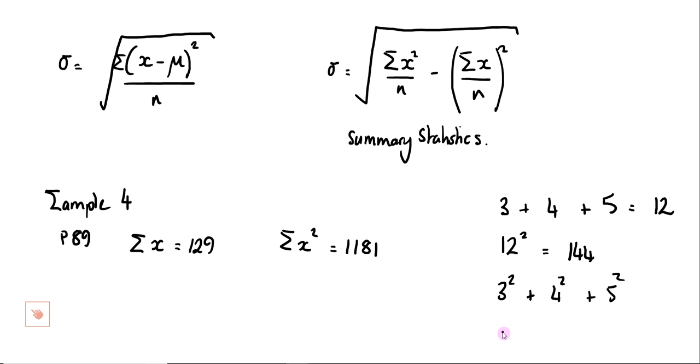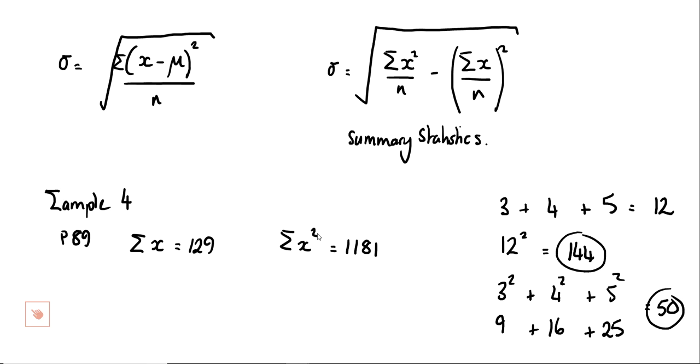What do I get? So 9 plus 16 plus 25. What did you get? 50. So the answer is not the same. So bear that in mind when we look at this, the sum of the values squared.